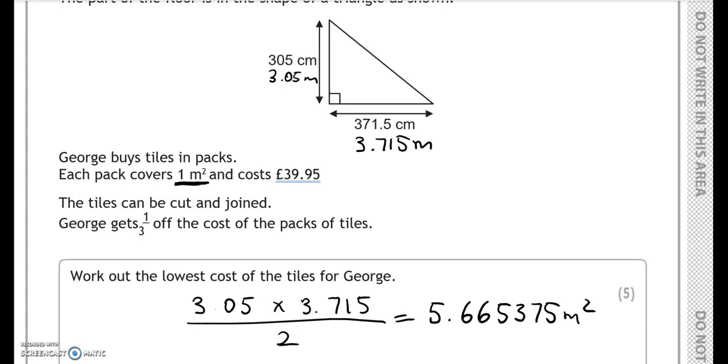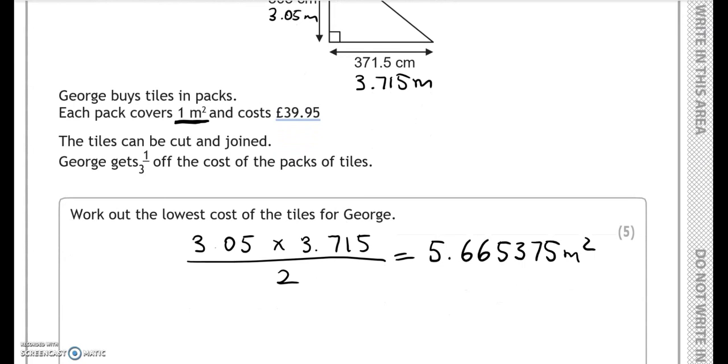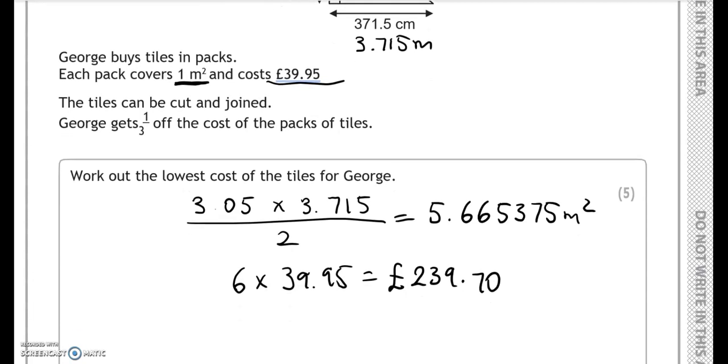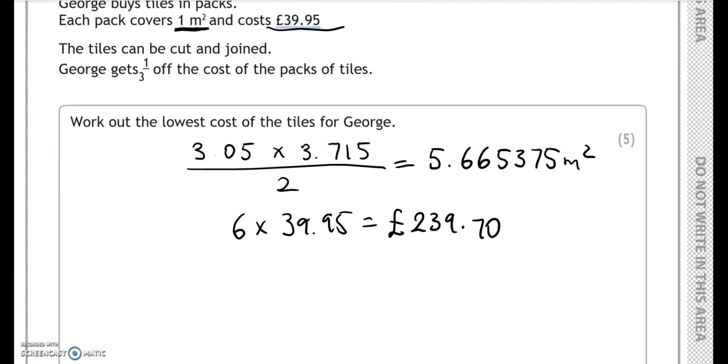So we're going to need to get 6 of them, and one pack costs £39.95, so 6 times 39.95 equals £239.70. So he's going to get 1/3 off, that's a discount, so we're going to go 239.70 divided by 3 to give us 1/3.